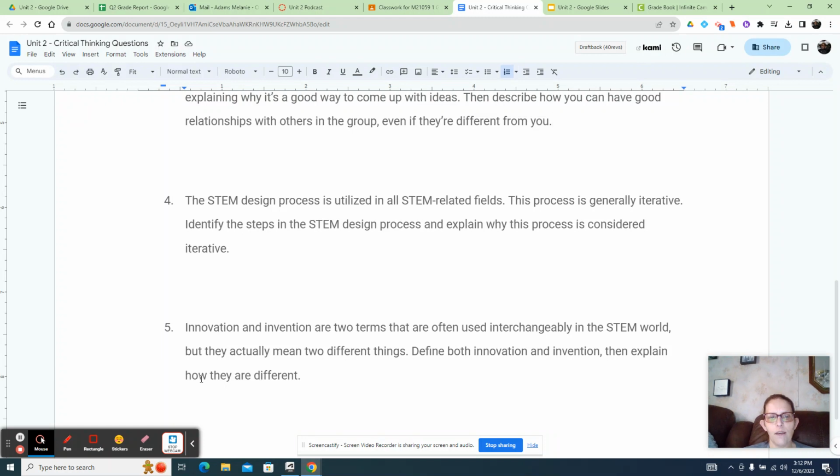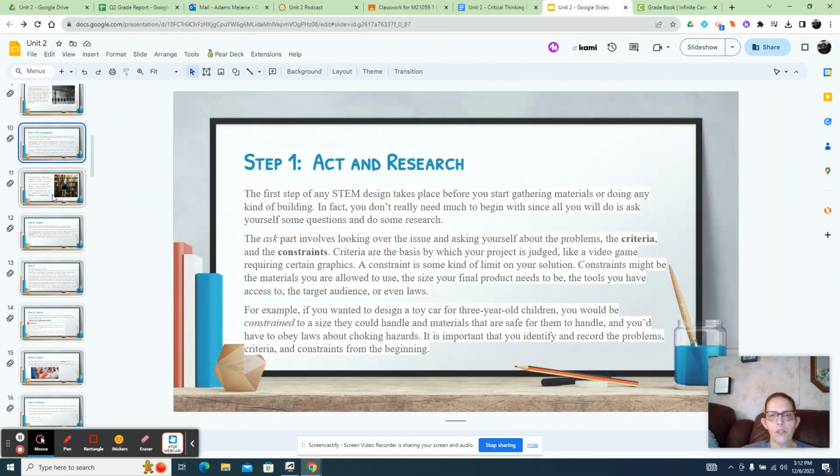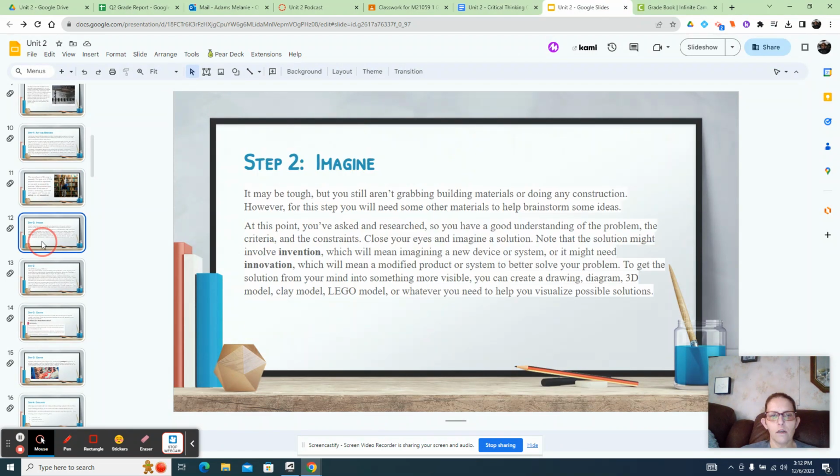And then number 5, innovation and invention are 2 terms that are often used interchangeably, but they actually mean 2 different things. Define both innovation and invention, then explain how they're different. Again, I believe that was mentioned in the slideshow.